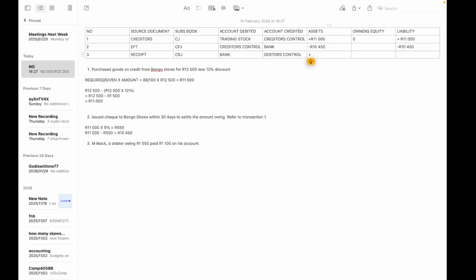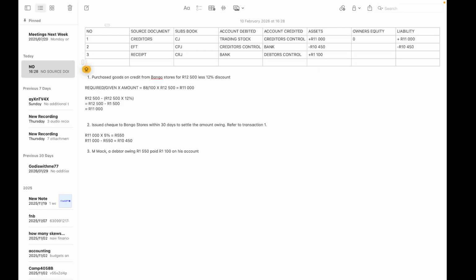It's gonna be bank plus 1,100, right? 1,100 because that's what they paid us, and then again for assets, because our debtors control is an asset, we're gonna say minus 1,100, and then of course here it's just gonna be filled with zeros because nothing is affecting these, right?